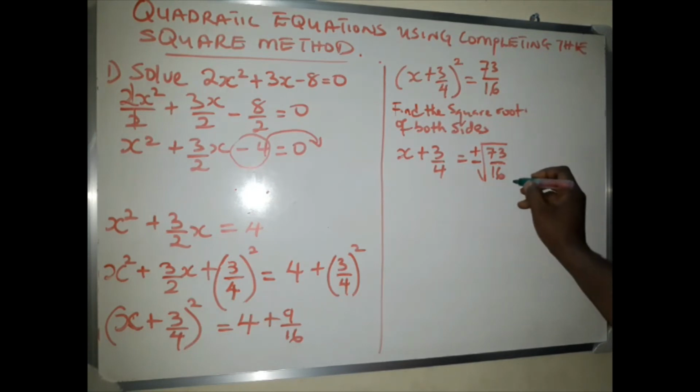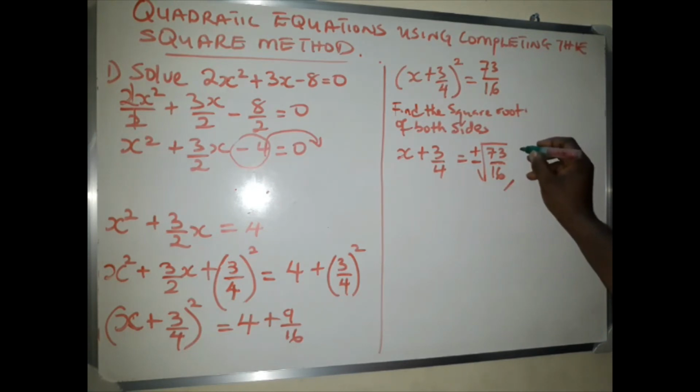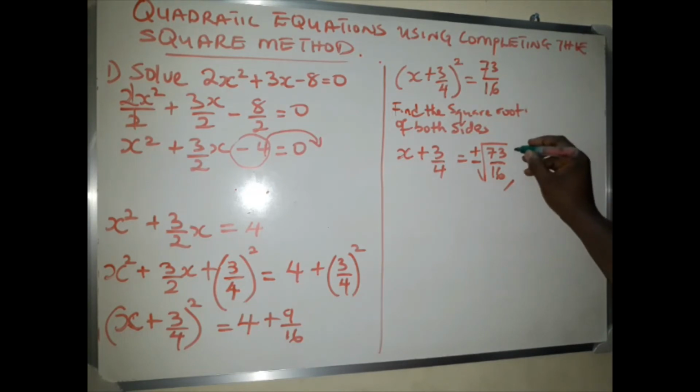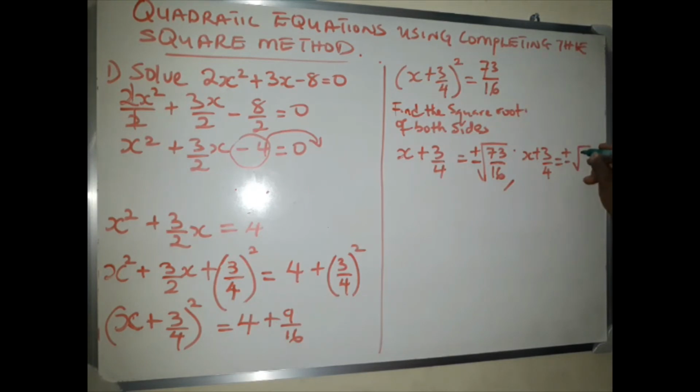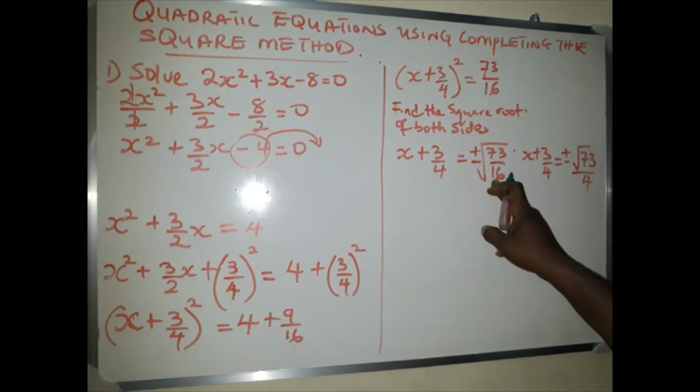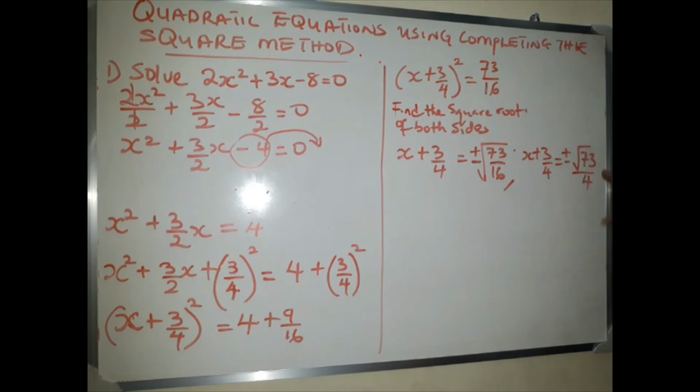So let's write this expression as x plus 3 over 4 is equal to plus or minus the square root of 73 on the numerator, and then we find the square root of the denominator, which will give you 4, because 16 has a square root of 4, which will now change the expression to this form.